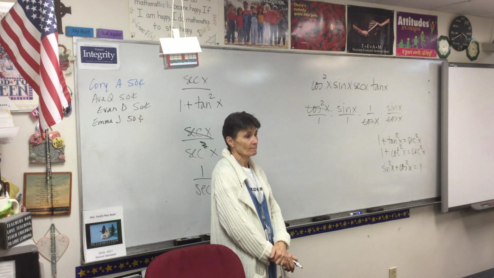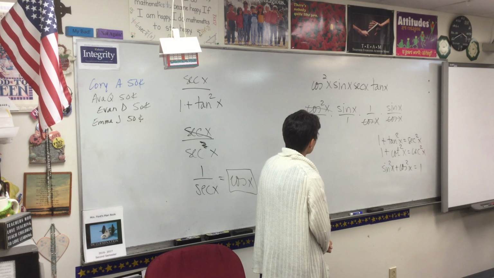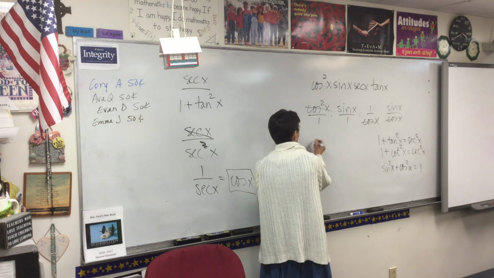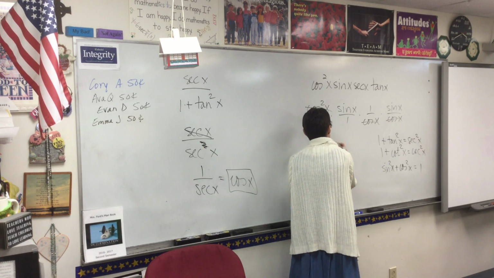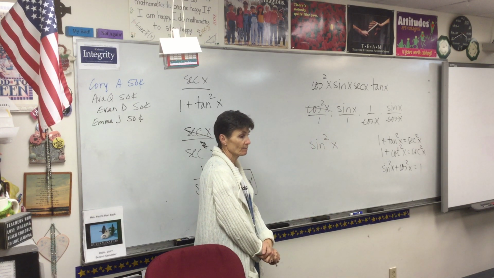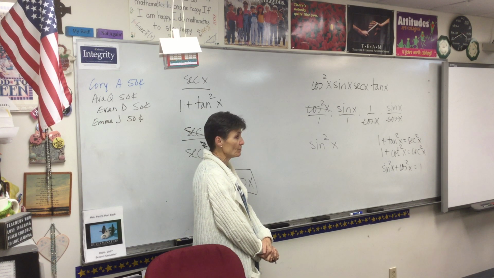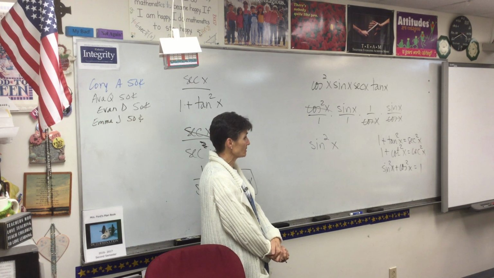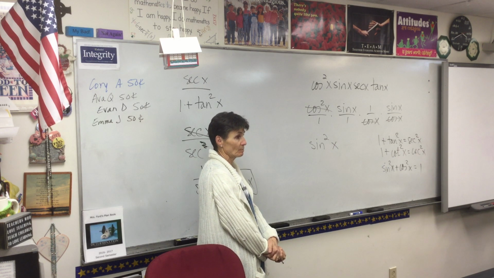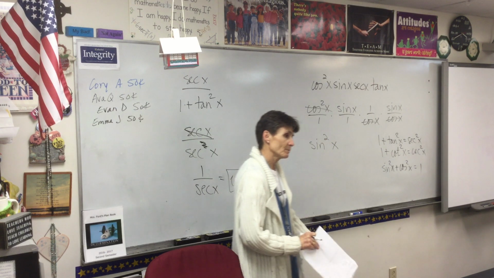All the cosines. That's it. So what am I left with? Sine squared. There's 2 sines on the top, sine squared. Now a few days ago, I don't know, 5 days ago, that seemed impossible. That's not so bad, is it? Let's try the last one.